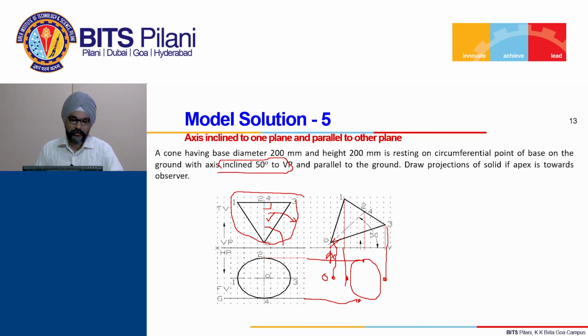From the apex you make the tangents, and you have to ensure that this portion of the base, which is not visible directly because it is at the bottom, on the rear side, with this being the front side, is hidden behind the rest of the cone, so that has to be drawn by the dashed line.